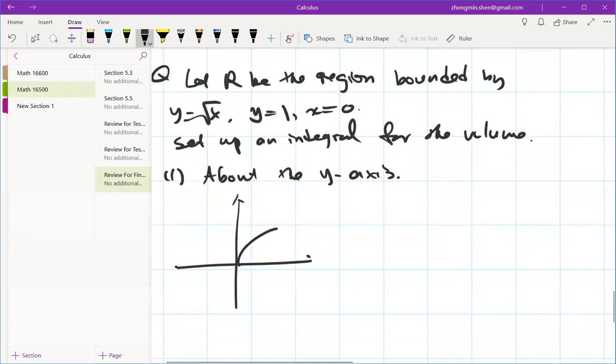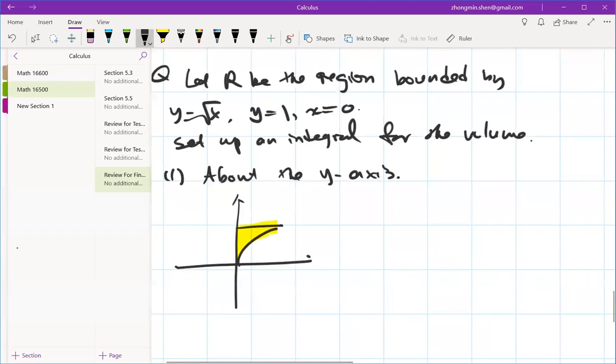So this is a graph, right? y equals 1, x equals 0. Be careful when you draw the graph. Some students, after they finish, forget which region. It's the region on top, not the one under that.